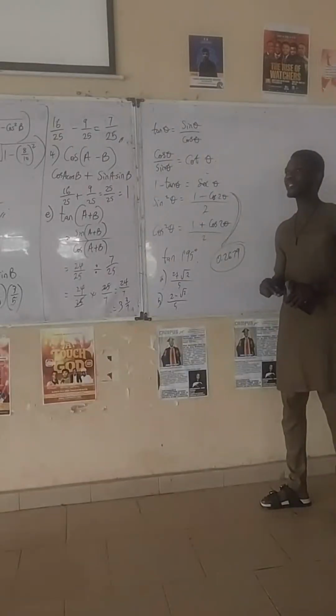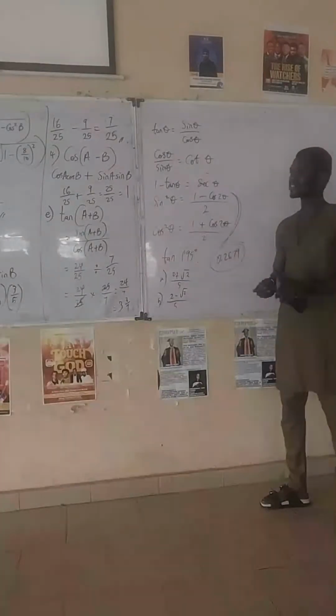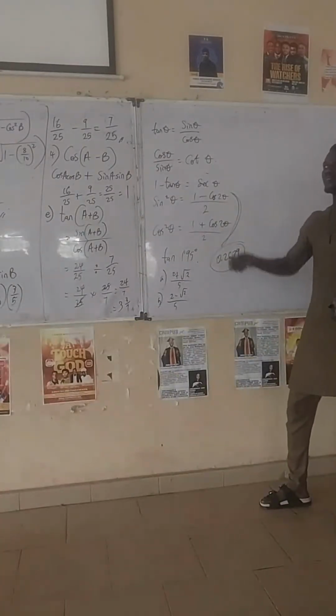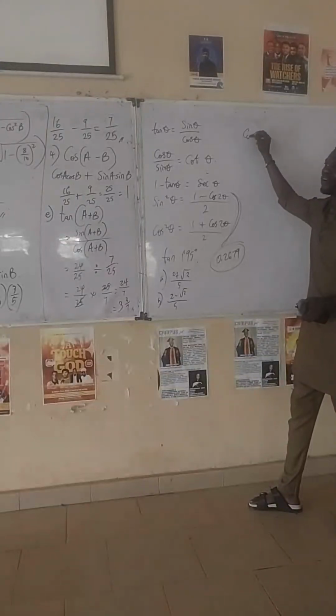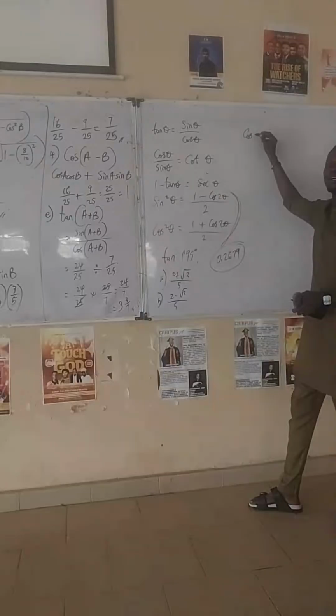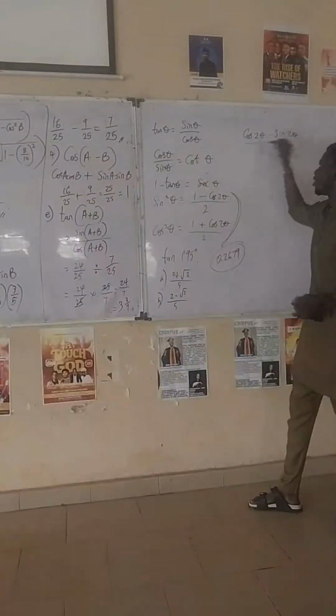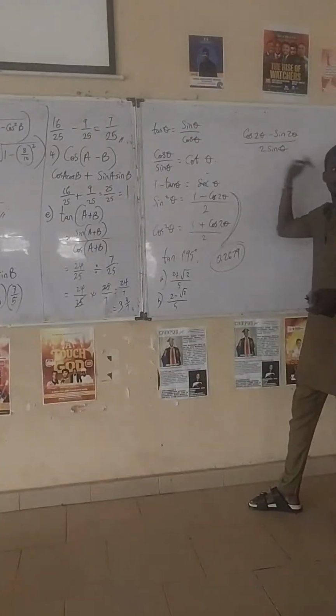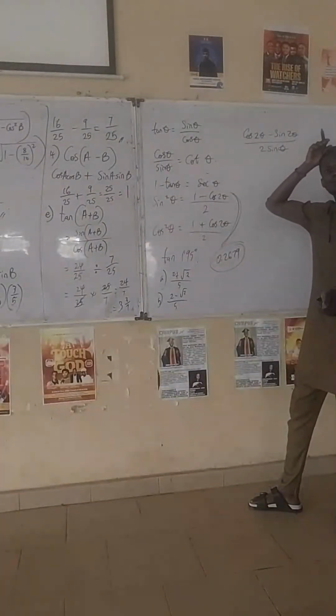Then it might also be like, you might also say simplify, maybe cos 2 theta all over 2 sin theta, something like this too.